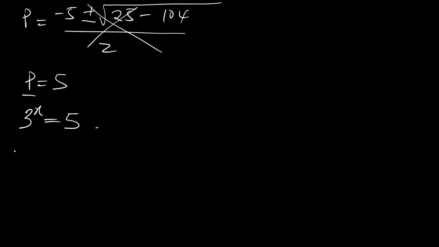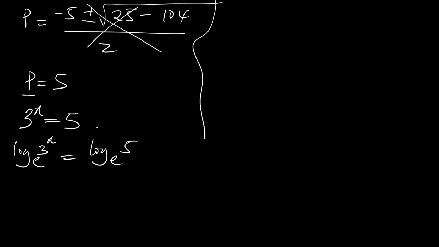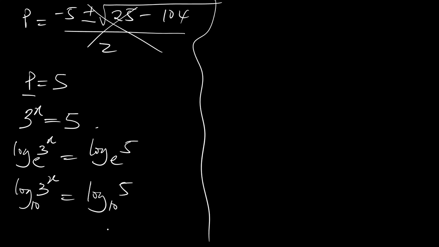Now taking the natural log of both sides, you have log 3 raised to power x to base e is equal to log 5 to base e. We can also use log base 10. So let me just change it to base 10. We say log 3 to power x base 10 is equal to log 5 base 10.